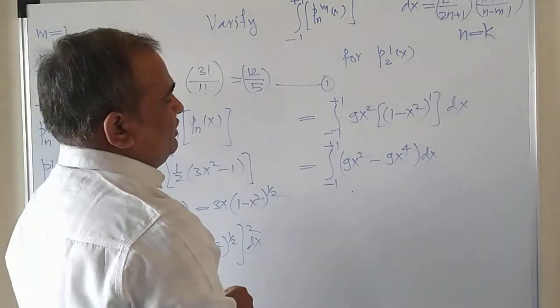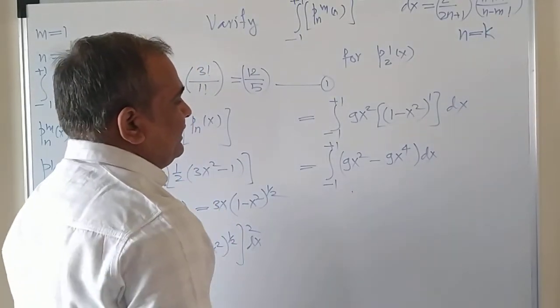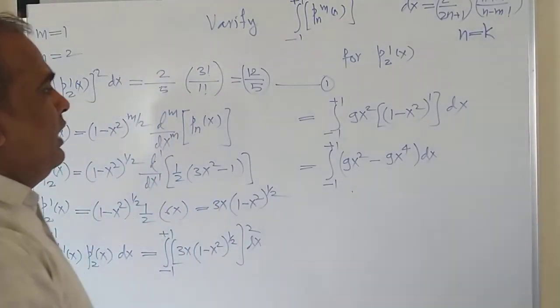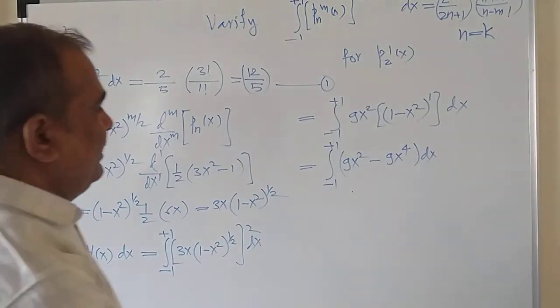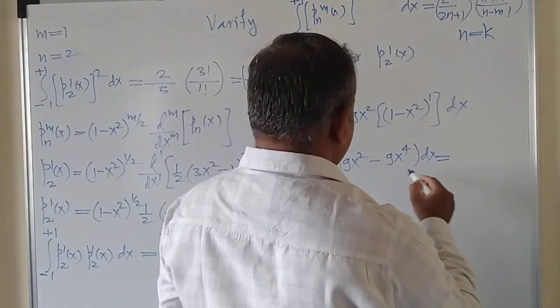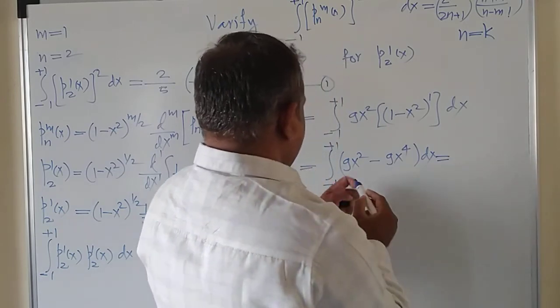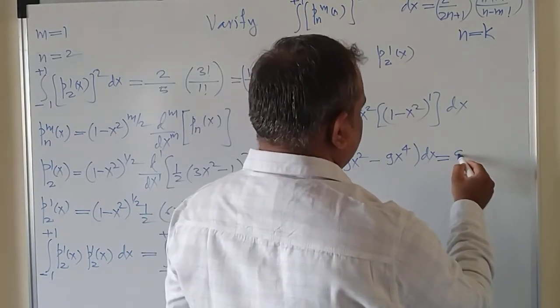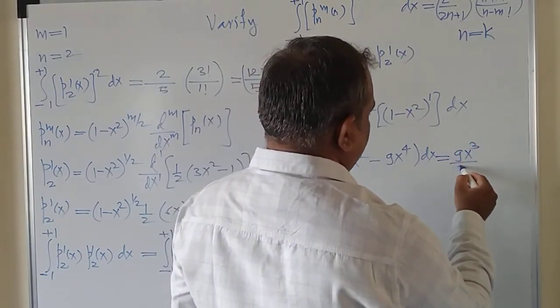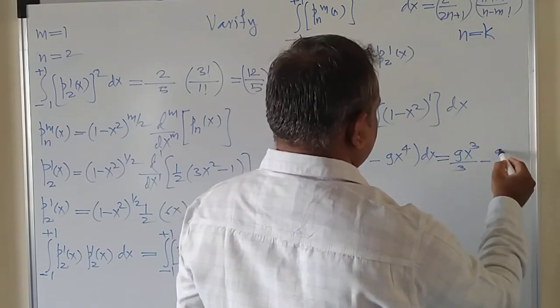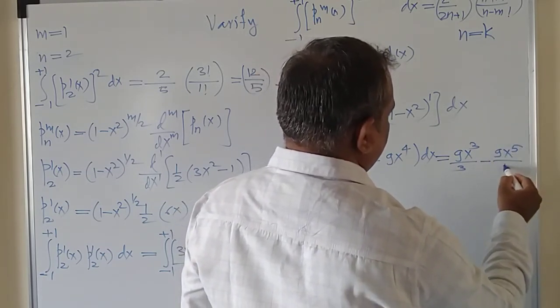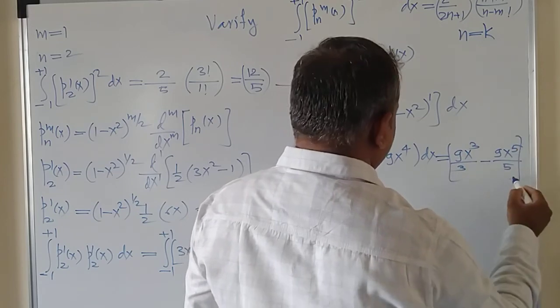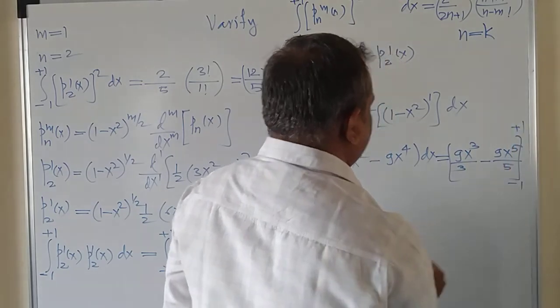We got this one. Now you can take the integral, and after taking the integral, you will get 9x cube by 3 minus 9x raised to 5 by 5, and then put the limit from minus 1 to plus 1.